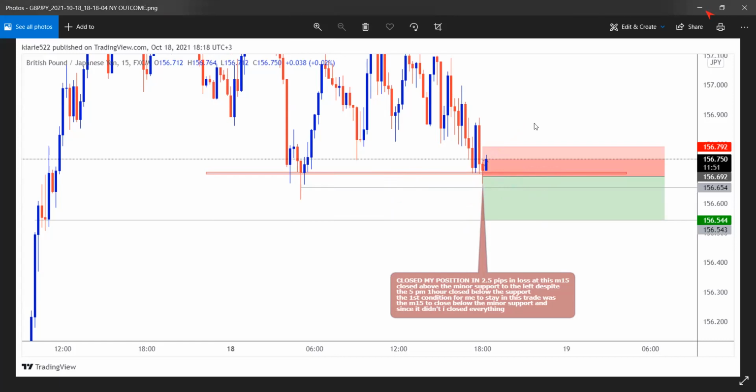So as soon as this M15 closed above this support, I closed my position, everything at 2.5. But the best trade on a Monday, nasema nili make mistake by the way. I could have waited for an M15 to close below the support, and singepata hiyo opportunity.